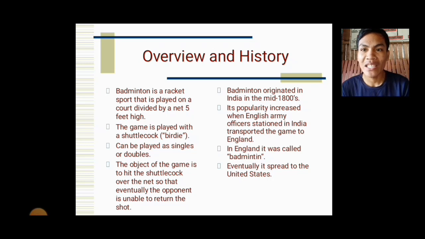Its popularity increased when English army officers stationed in India transported the game to England. Nasikat ni nga game tong time nga ang mga English army or mga British army nga ngadto sa India, nag-station sila didto, ug mao ni ang time nga ilang nadala ang badminton nga game sa England. Tapos, gitawag ni sa ilaha didto ang badminton.